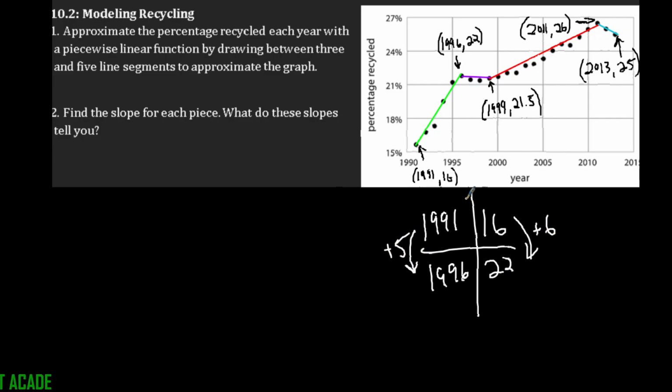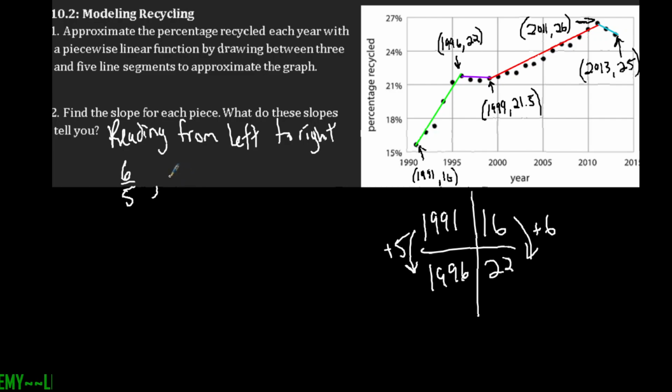And if I do that for each of those, I can write it as a fraction. So reading from left to right, I have 6 over 5.